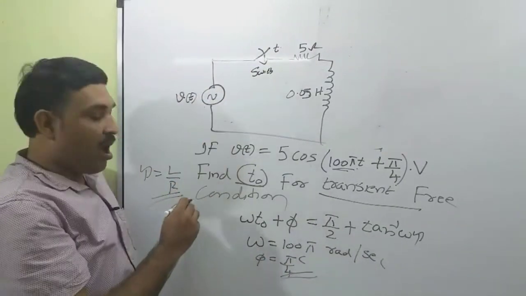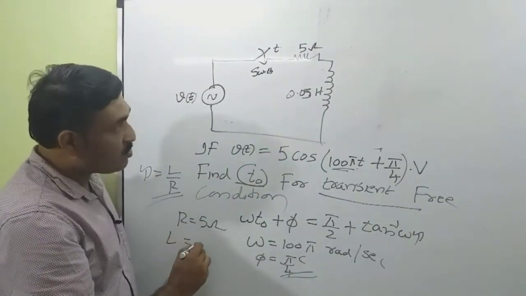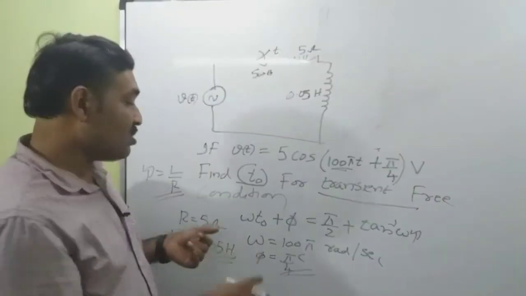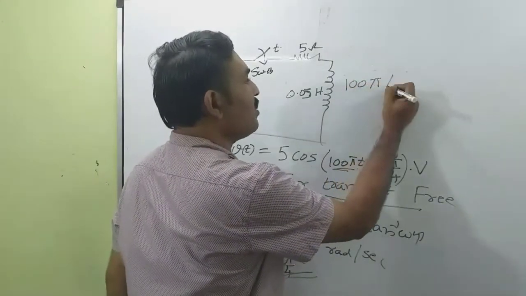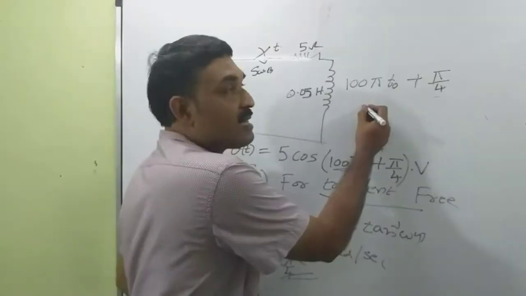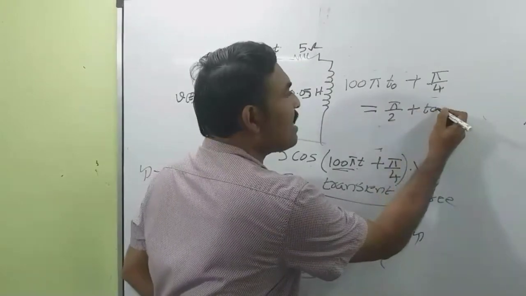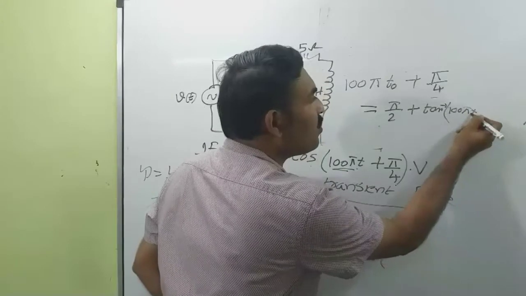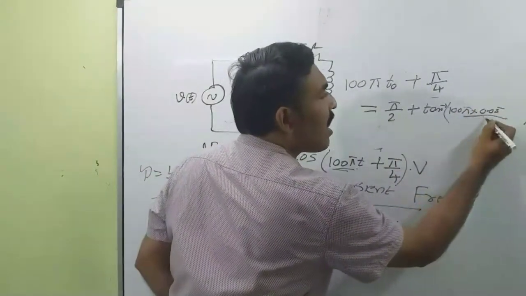And the value of R is equal to 5 ohm and L is equal to 0.05 Henry. So substituting the values, omega is 100 pi: 100 pi into t0 plus phi, which is pi by 4, is equal to pi by 2 plus tan inverse of omega, 100 pi, into tau. Tau is L by R, L is 0.05 divided by R is 5.